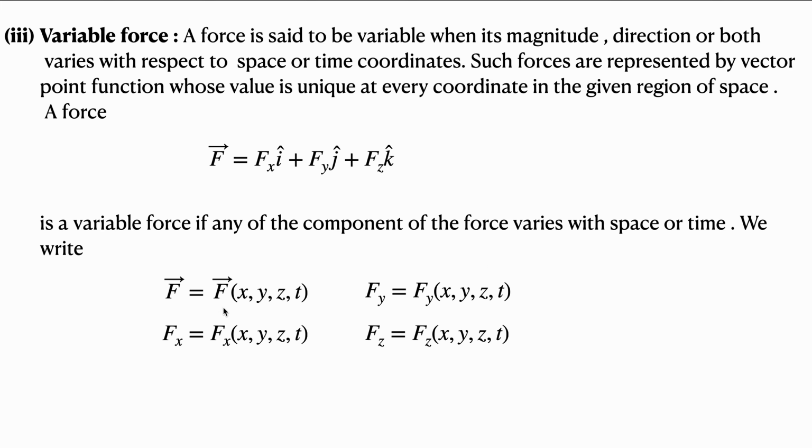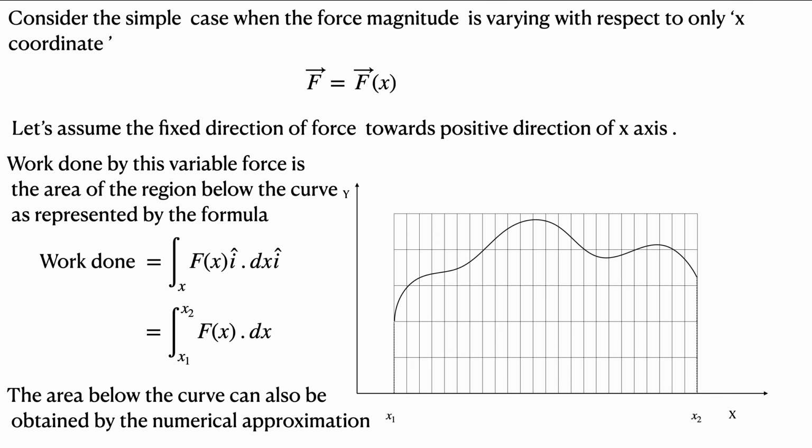We write vector F equals vector F(x, y, z, t). It has three components: Fx equals Fx(x, y, z, t), Fy and Fz, all varying with the x, y, z and t independent variables.